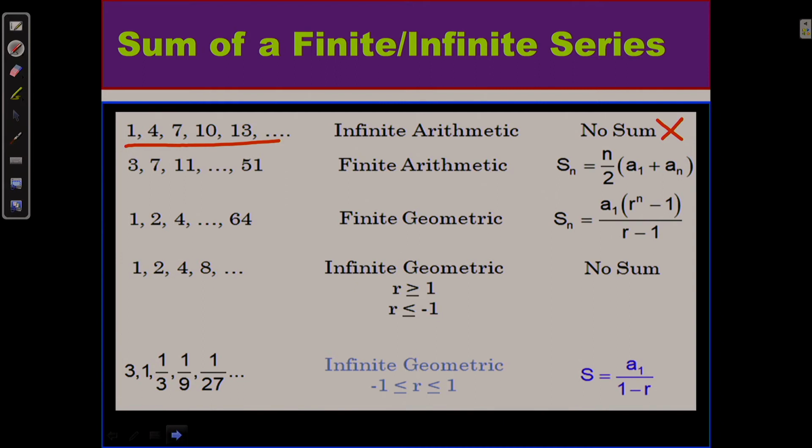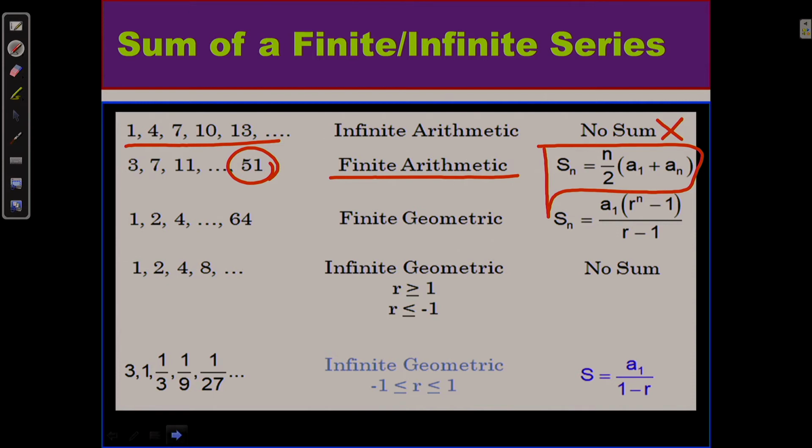When the arithmetic progression is finite, for example 3, 7, 11, up to 51, that means we know the last term. For a finite arithmetic sequence, we already know Sn equals n by 2 times (a1 plus an), or n by 2 into (2a plus (n minus 1) into d).